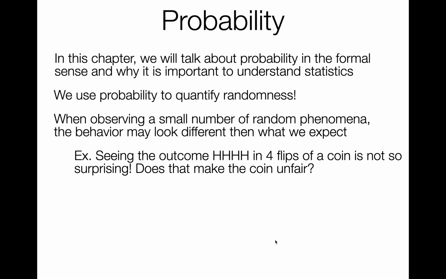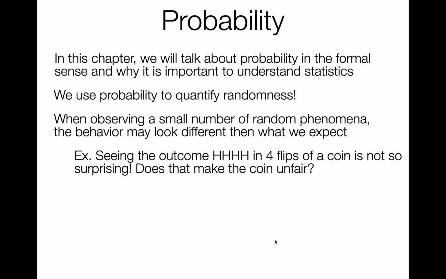Okay, there's some theoretical underpinning behind that idea, but I think that's what most people are going to think. What if I see all 4 heads in the 4 flips of the coin that I did? That's weird, okay, but how weird is it? Or how likely is that to occur if the coin is fair?